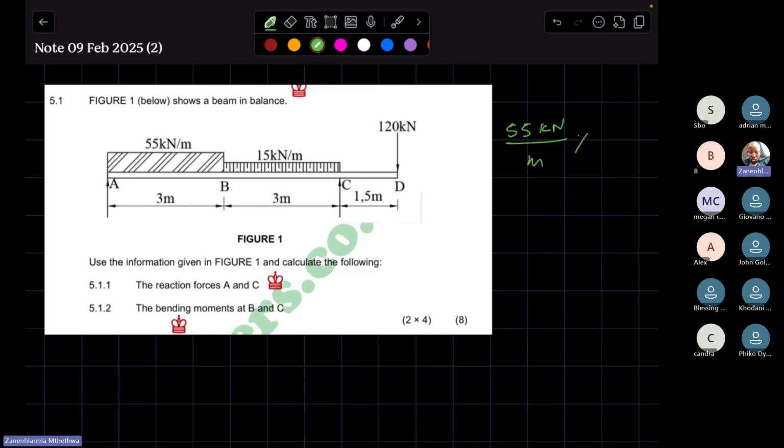To get the weight, you simply have to multiply this by the span of the UDL. The span of the UDL here is 3 meters. So you multiply this by 3 meters. That cancels, and what you'll be left with will be expressed in kilonewtons. Now, what is 55 times 3?